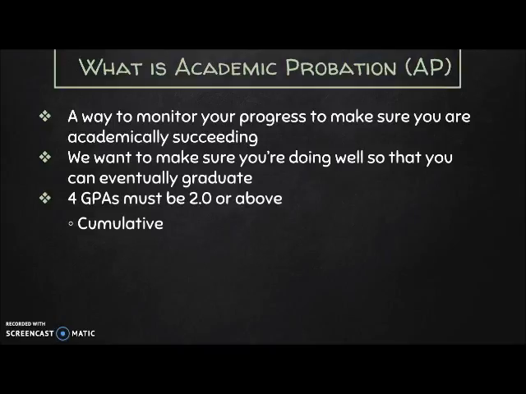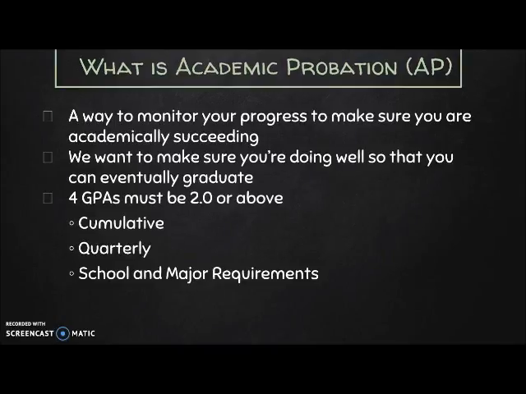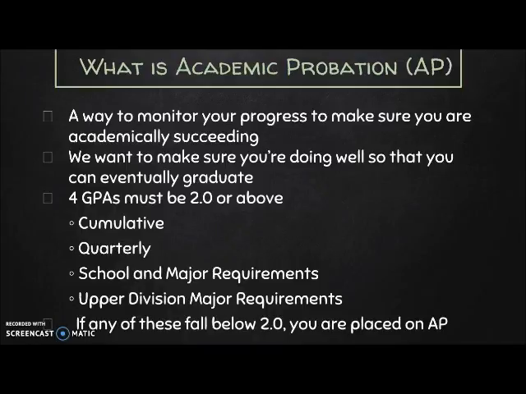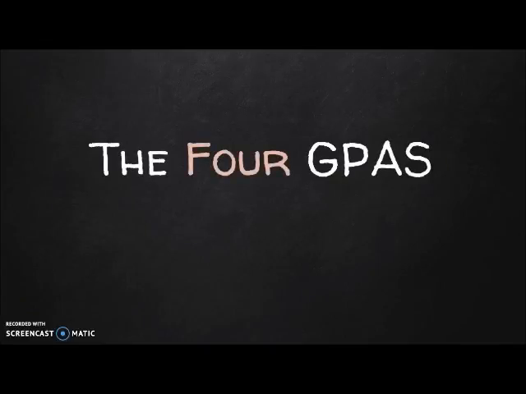The GPAs are cumulative, quarterly, school and major requirements, and upper division major requirements. If any of these fall below a 2.0, you are placed on AP. So, the 4 GPAs: a breakdown.